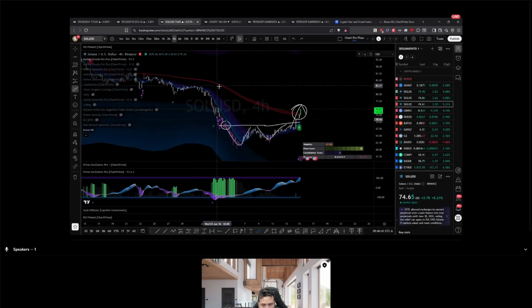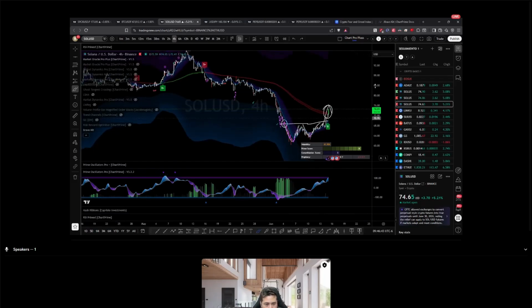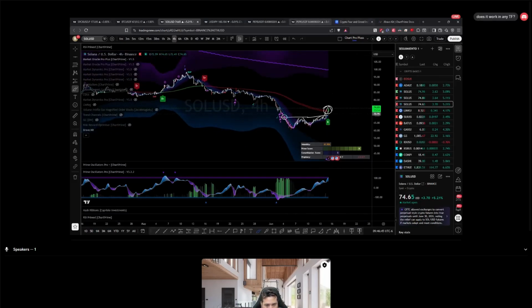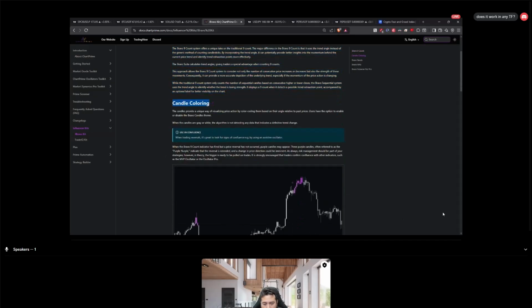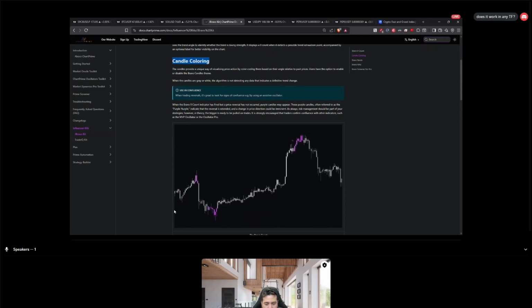All right, and finally, you have, of course, the bands. Let's go over those really quickly. You have the candle color that acts along with the 9 count and tells you when we're getting closer to a reversal. So when things are heating up, this works as a safety device for the 9 count.